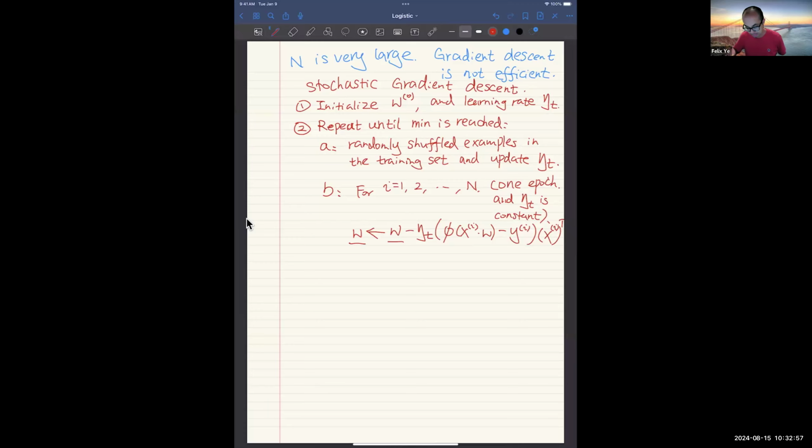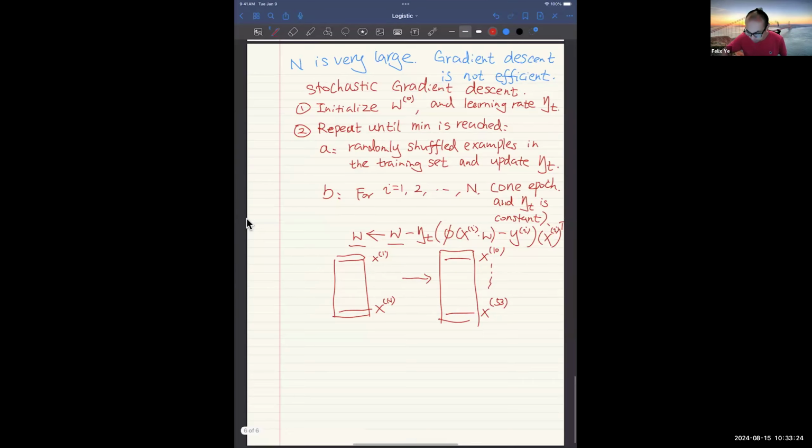In fact, there are two things I want to emphasize. This is your data right here, with x1 to x of n. Then you reshuffle the data. So say this becomes x of 10, the last one becomes x of 53, and so on. Then you feed your data one by one.